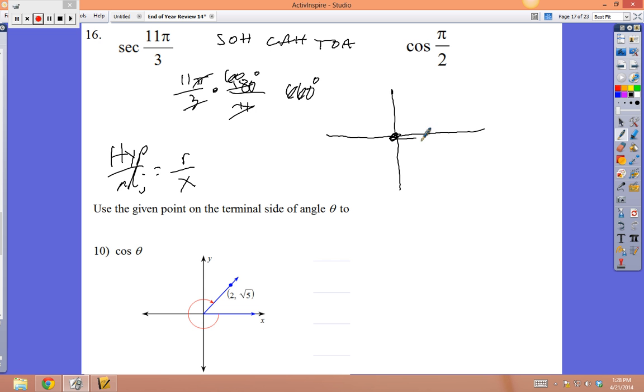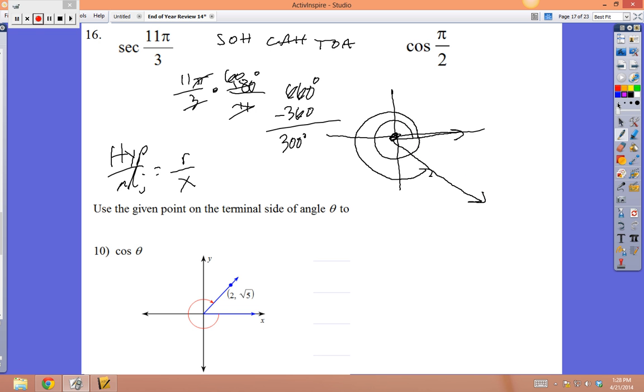So if I start right here, one whole circle is 360. So if I take away 360 from 660, that leaves me with 300 left. So now 300, there's 90, 180, 270, 300 stops like right there in quadrant 4.